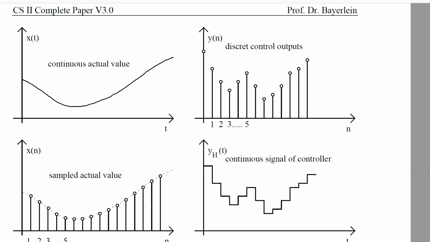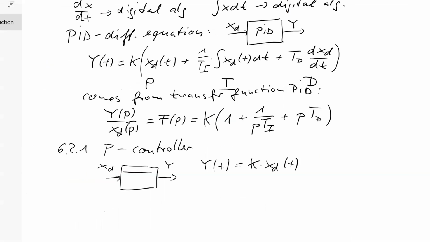So what we can write now is, I convert by sampling, I get y only at the time points n times Ts, in short written as y of n. What is it? It is the controller gain k multiplied with the control difference xd of n.